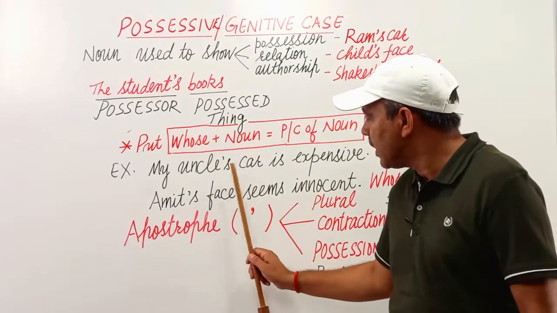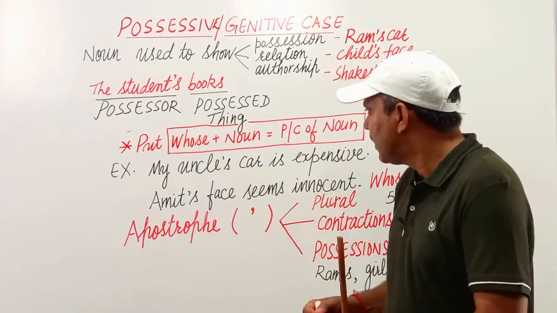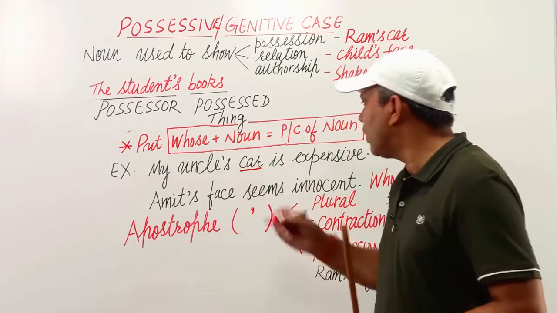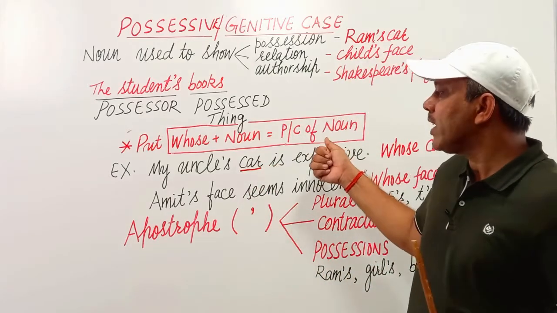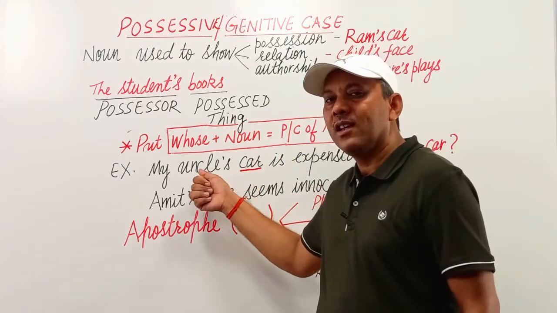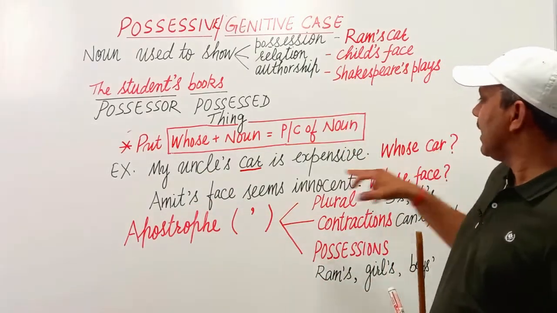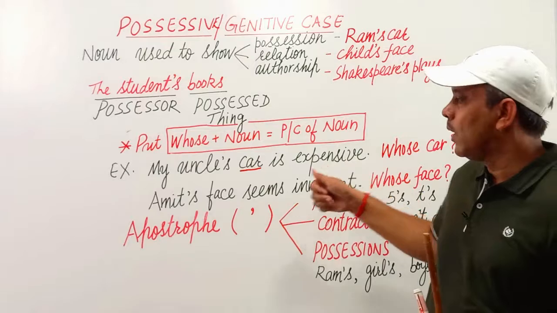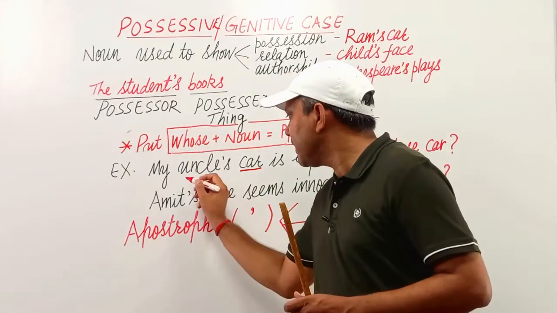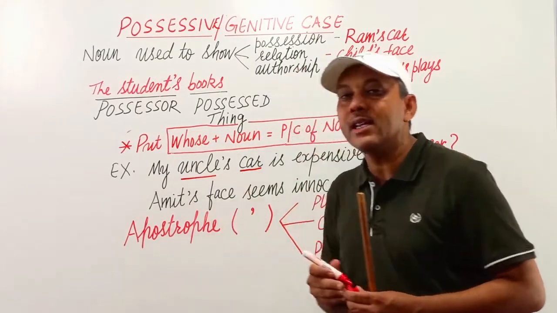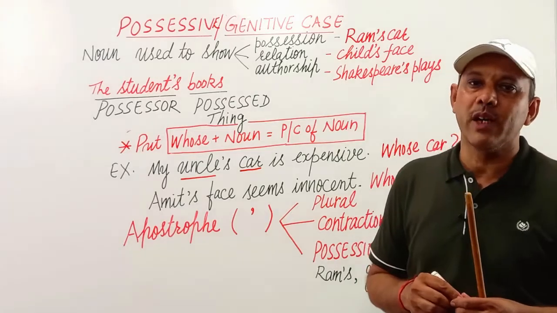Put whose before this noun. What do we get? We get possessive case of noun. Whose car is expensive? My uncle's. It means uncle's is the possessive case of noun.